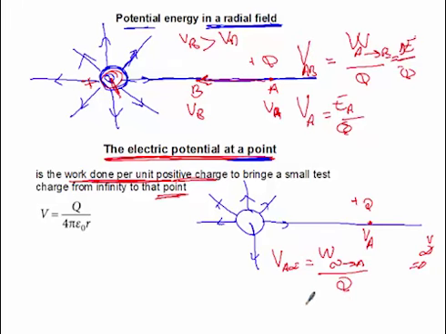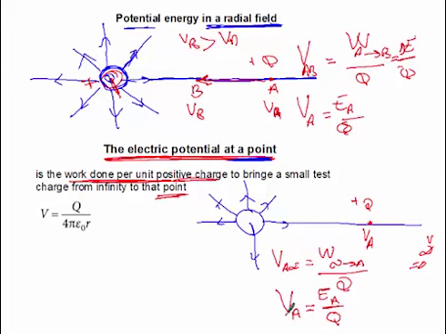And if the work done is the change in energy, and the potential energy at infinity is also equal to 0, it should be only the energy at point A divided by the charge q. It will give us the V at point A.